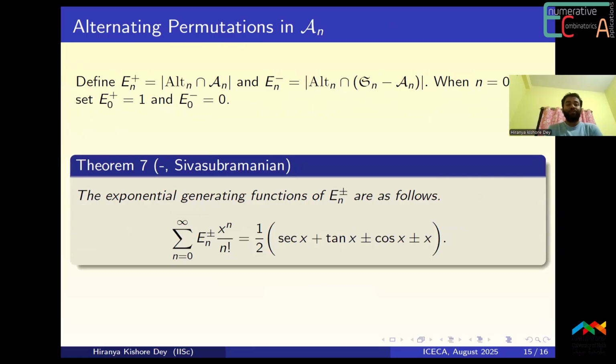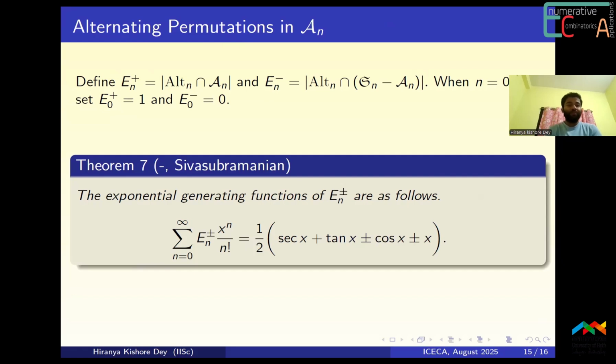We were able to find a refinement of this. If En plus and En minus denote the number of alternating permutations in the alternating group and in the complement of the alternating group in the symmetric group, then the summation of En plus/minus x to the power n by n factorial is half times (sec x plus tan x plus/minus cos x plus/minus x).